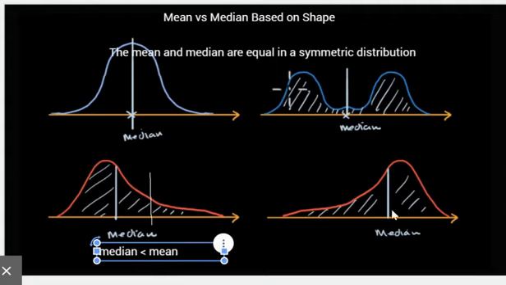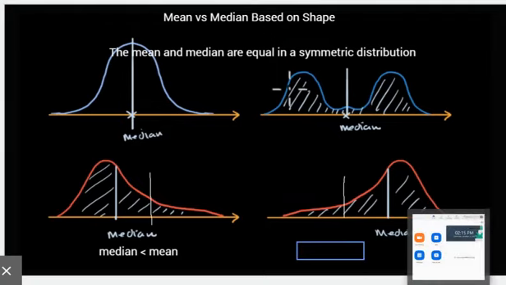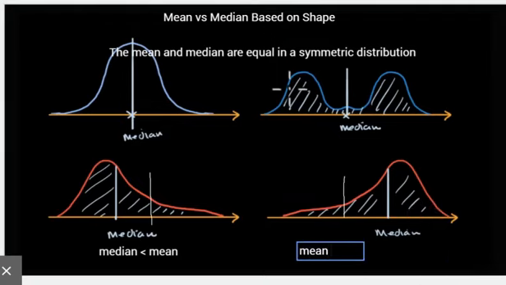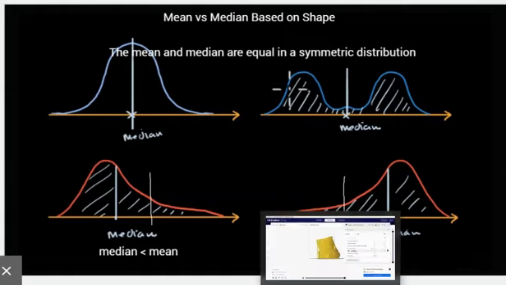The mean is greater. Well, what about if we have a skewed left distribution? Well, once again, the mean gets pulled towards the tail. And if the mean gets pulled towards this low end, this left tail, that means that the value of the mean is going to be less than the value of the median.